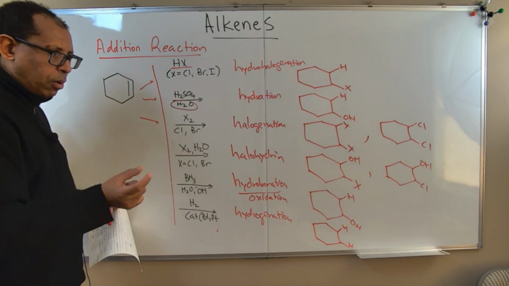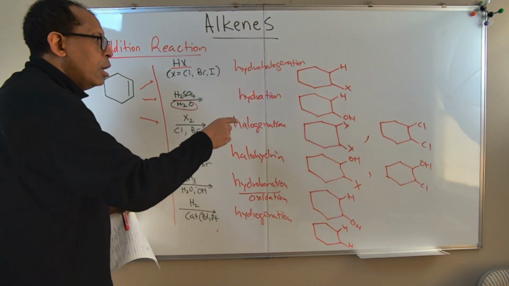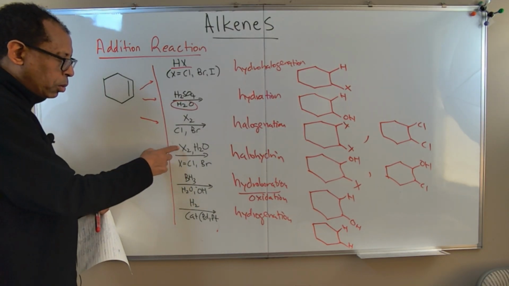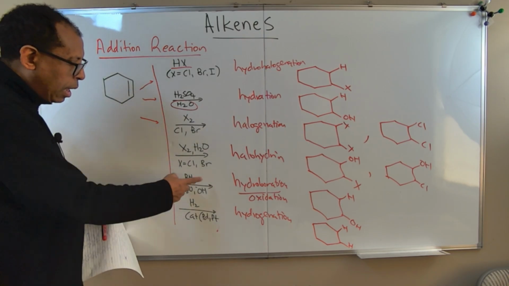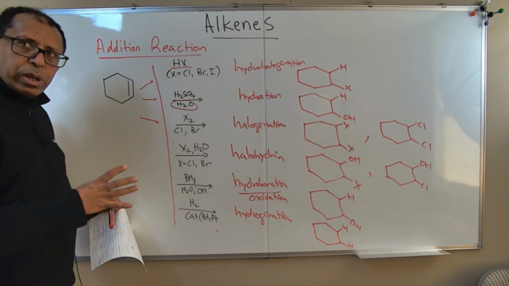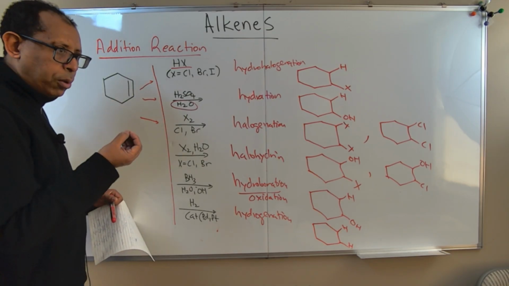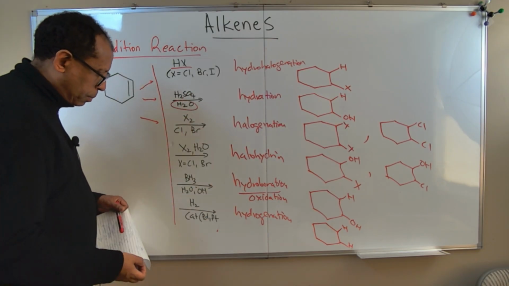Halohydrin is addition of 1 halide and 1 OH group. It's like addition of water, but instead of H, you have the halide. These are the reagents also you need to remember. Hydroboration-oxidation. Whenever you see borane, it is just the addition of water in a controlled way. So this mechanism I will explain later.